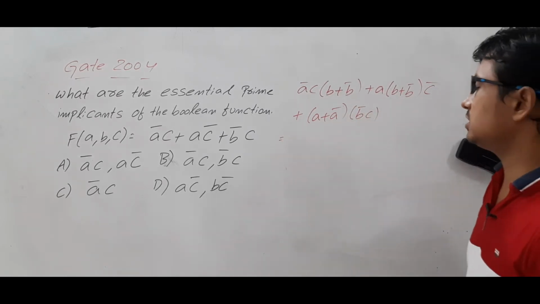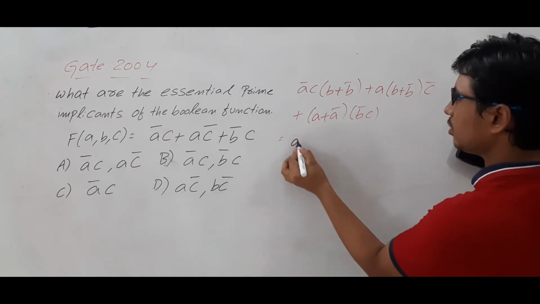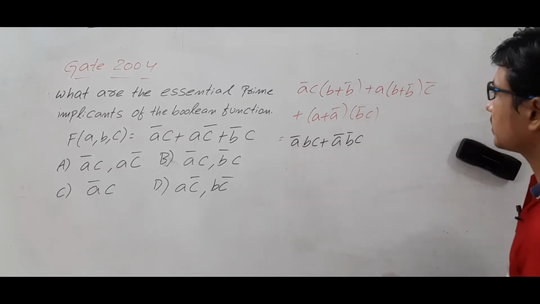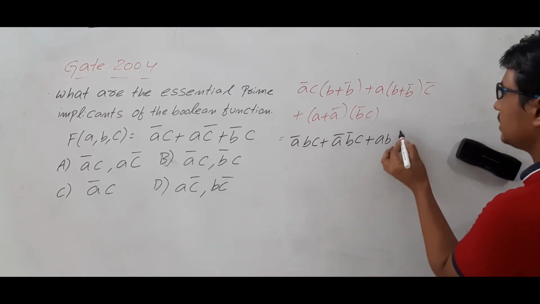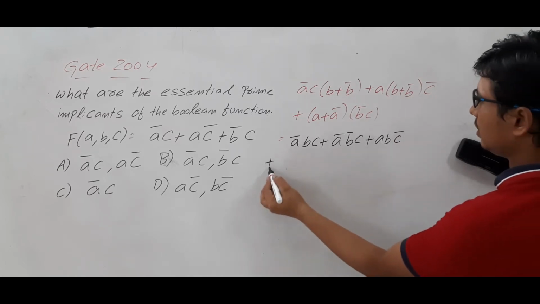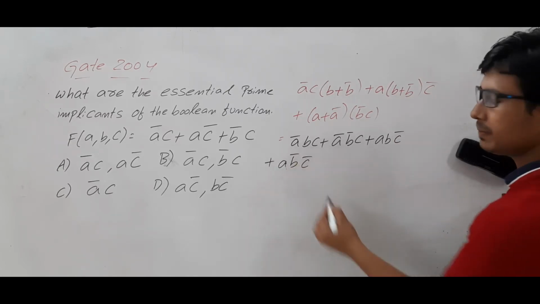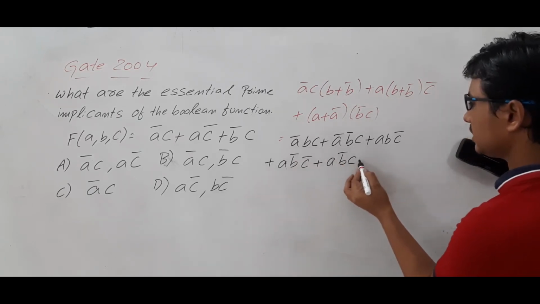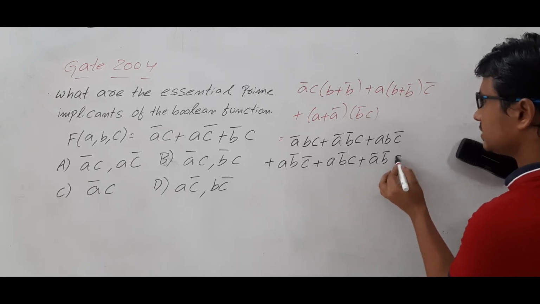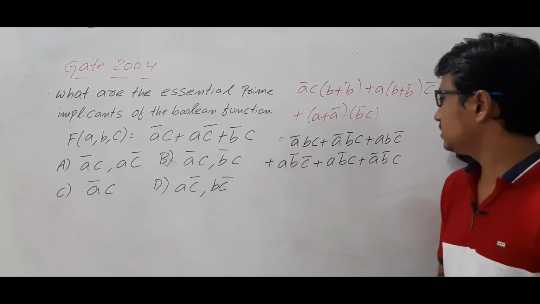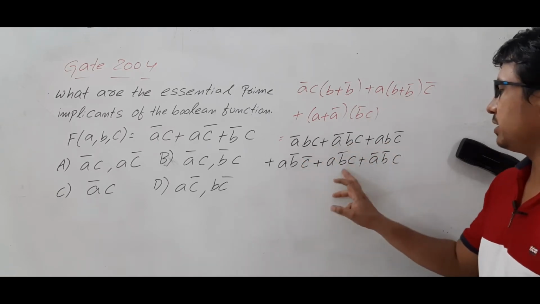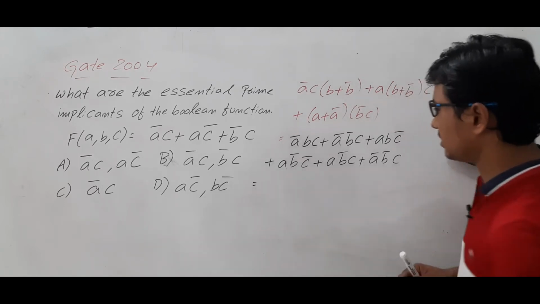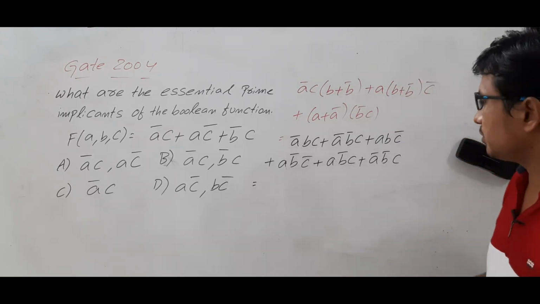So if you expand this equation, it will be A complement BC, A complement B complement C, and then you have A B C complement or A B complement C complement, and then you will have A B complement C, A complement B complement C. So totally you got 1, 2, 3, 4, 5, 6 terms. Are you able to understand it or not? Now let's see whether we can minimize it further or not. Meaning, can we reduce the number of min terms or not?